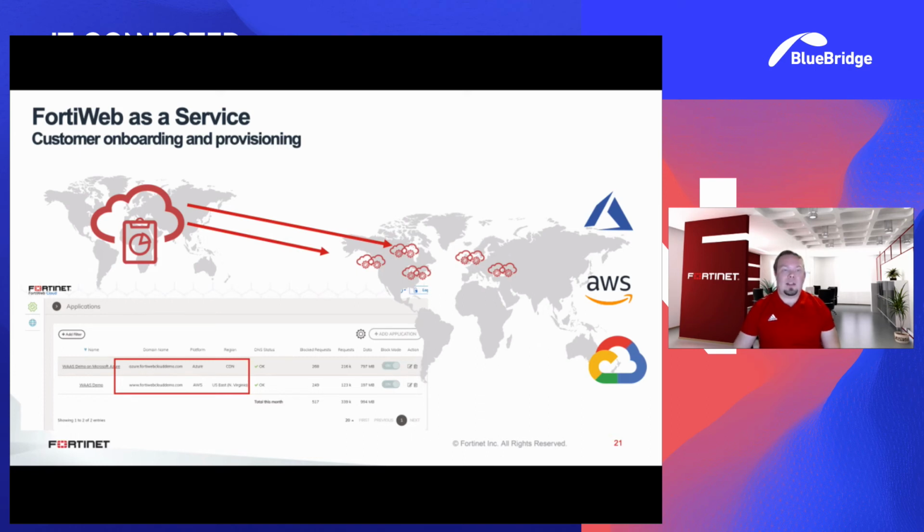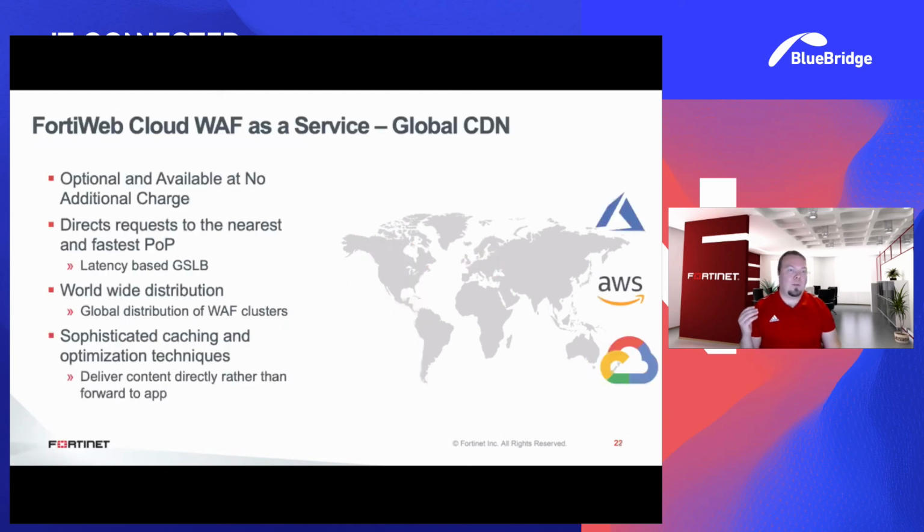If you have selected that you are in West Europe, well, there's a deployment to West Europe. If you're in Northern Europe, or Northern Europe in Ireland, you will be getting deployment there. If you use Google and your application is running in Finland in Google data center, you will have your web application firewall there. On top of that, you can actually use this one with free of charge CDN capability.